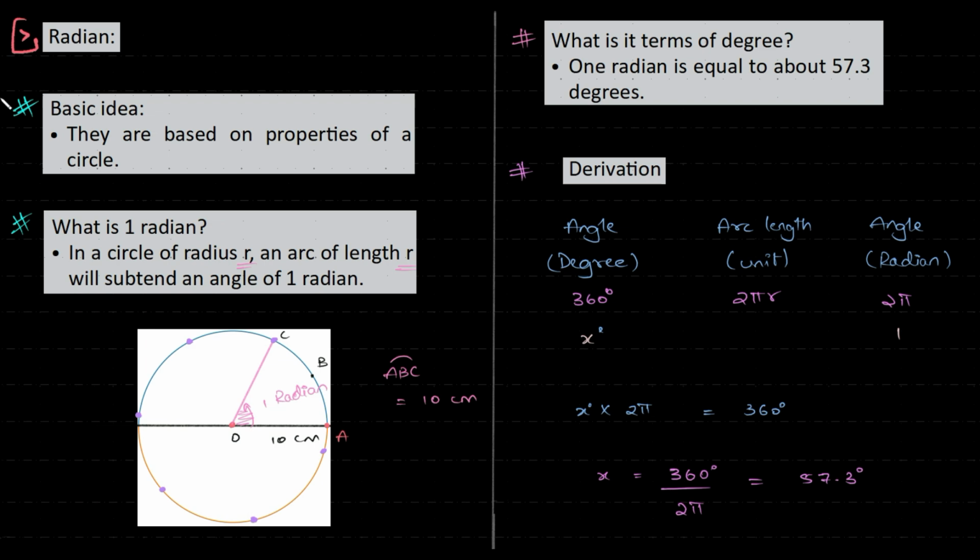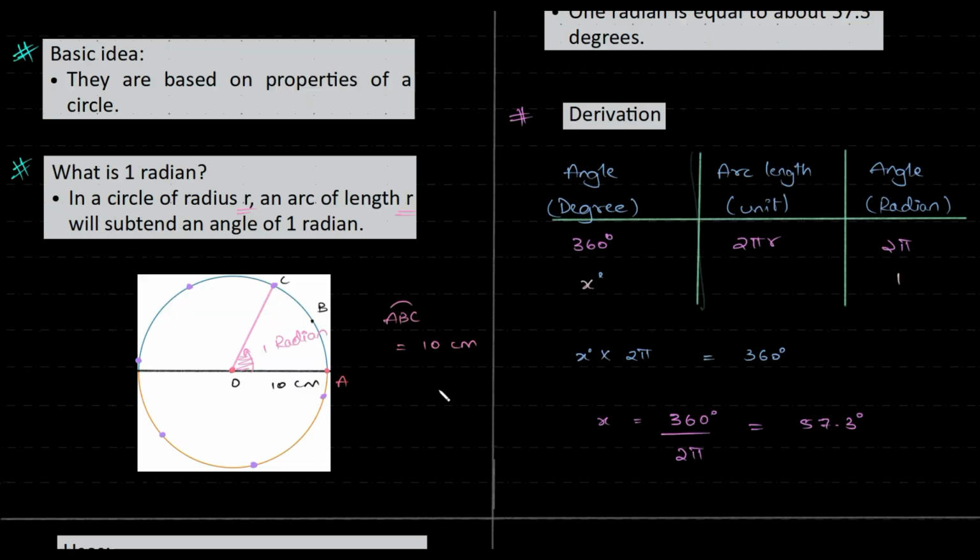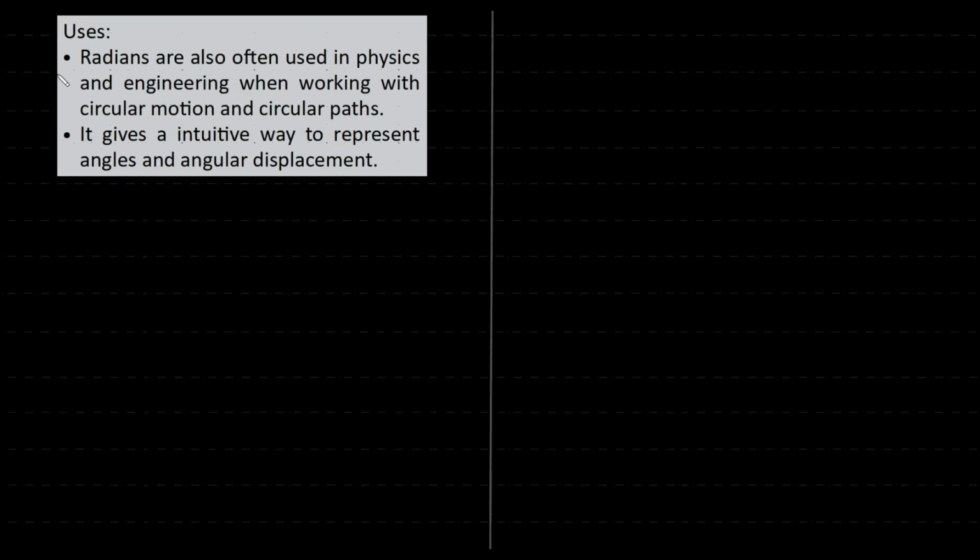Okay, so it's a very simple concept, but you have to be clear with the concept, the reason being the following. Radians are also used, other than in mathematics, in physics and engineering when we work with circular motion and circular paths.